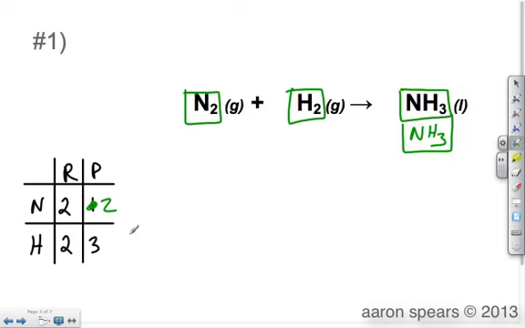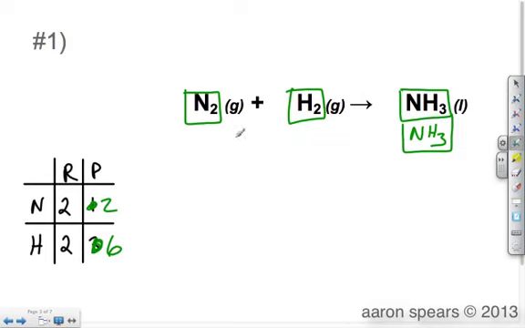However, that box of ammonia that I added to balance out the nitrogens also contained hydrogen atoms. So if I do a quick recount of my inventory list, I see that I now have 6 hydrogen atoms on the product side. So taking a look at my hydrogen atoms, I have more hydrogen on the product side than the reactant side. I need to get 4 more hydrogens on the reactant side of the arrow.